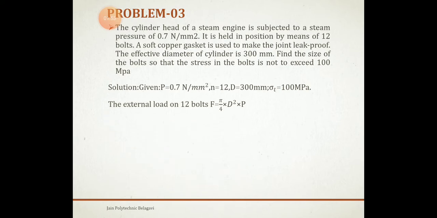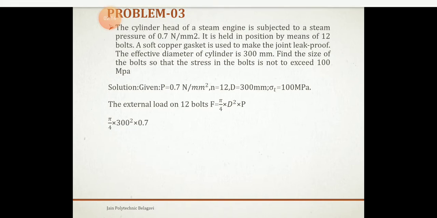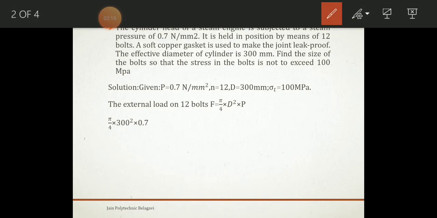Next, now the external load acting on the 12 bolts, because there are 12 bolts given in the problem, is F equal to pi by 4 D square, that is the effective diameter, into P, that is the pressure acting. So we'll substitute the quantities.